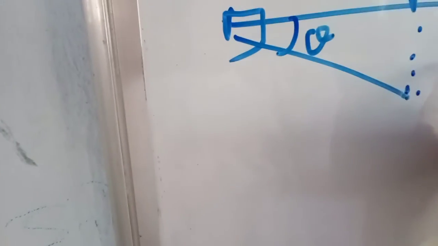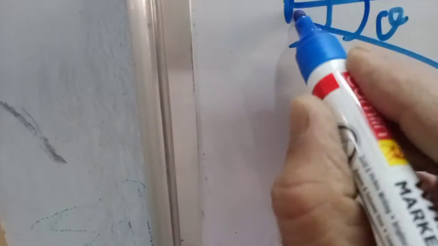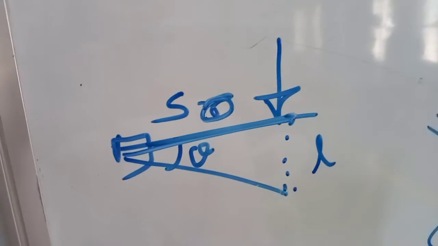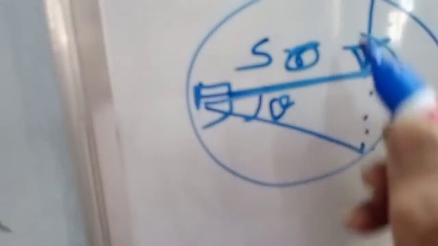So if we know this theta, how can we get it? We can find out this angle. Let us say it is R. This R is different, otherwise you can take some S. So how can we find L? For smaller angles, L is equivalent to this formula we can apply here.